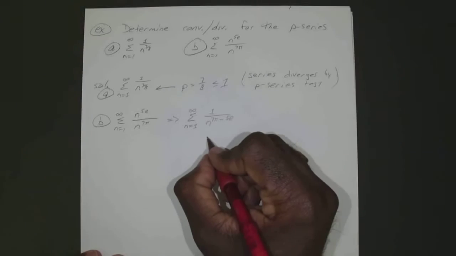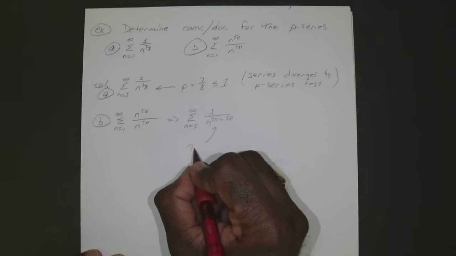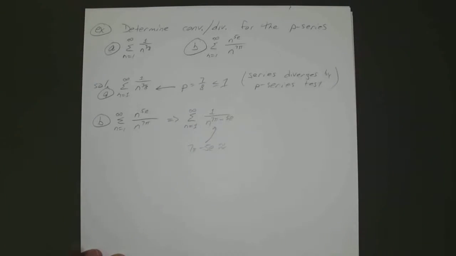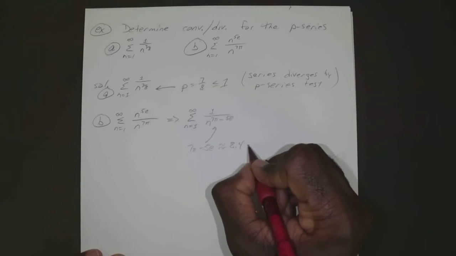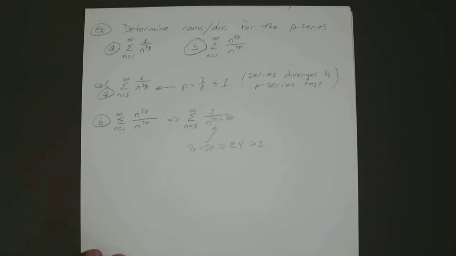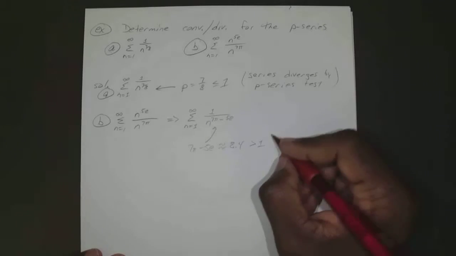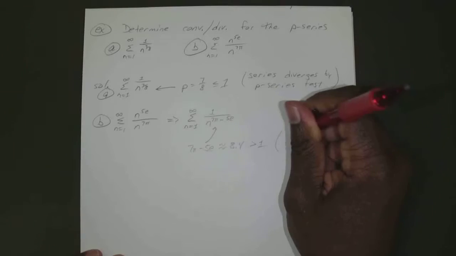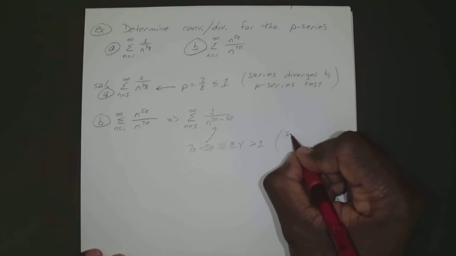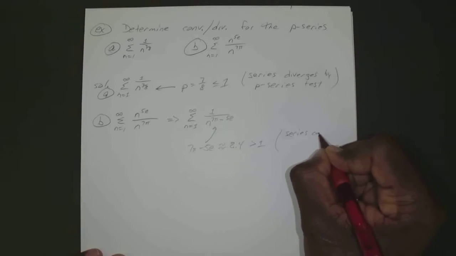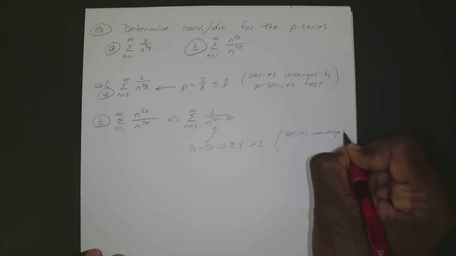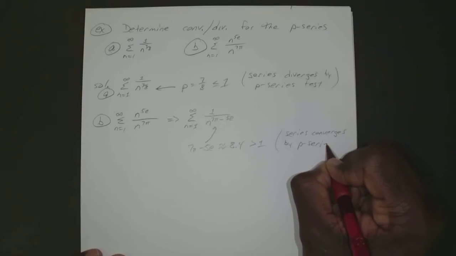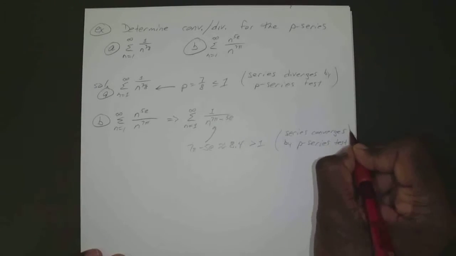And here, if you plug in 7 pi minus 5e into your calculator, you end up with roughly 8.4, which is greater than 1. So the series converges by the p-series test.